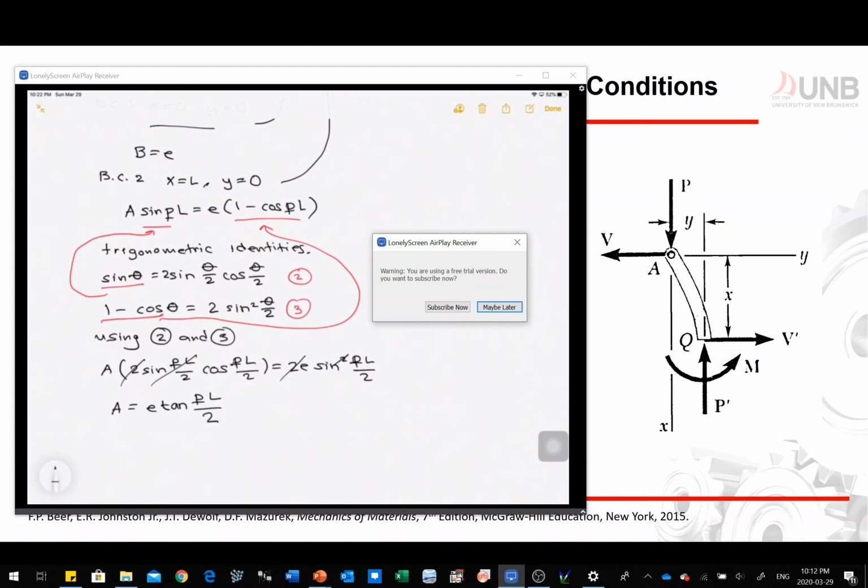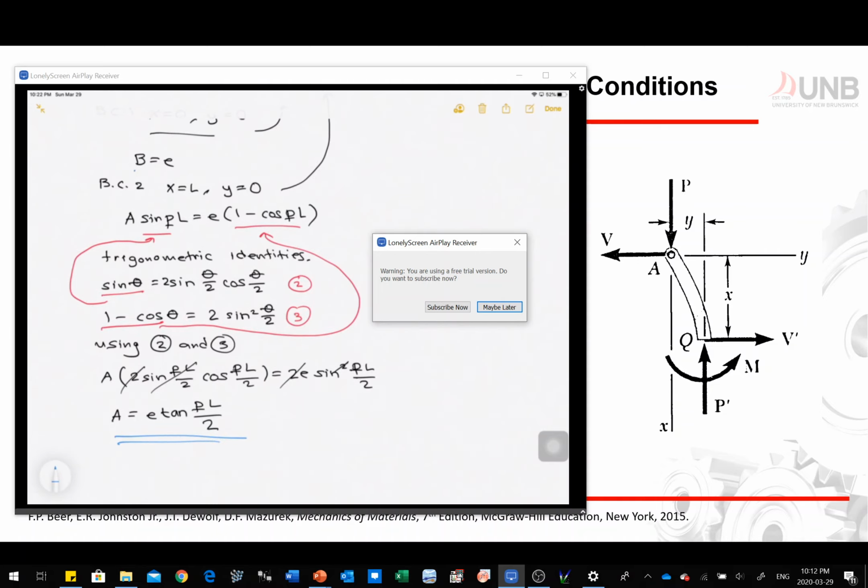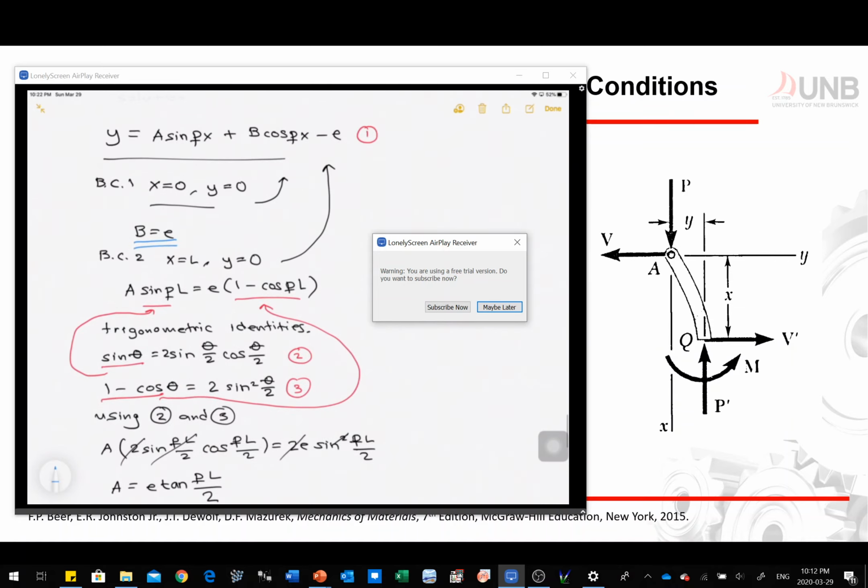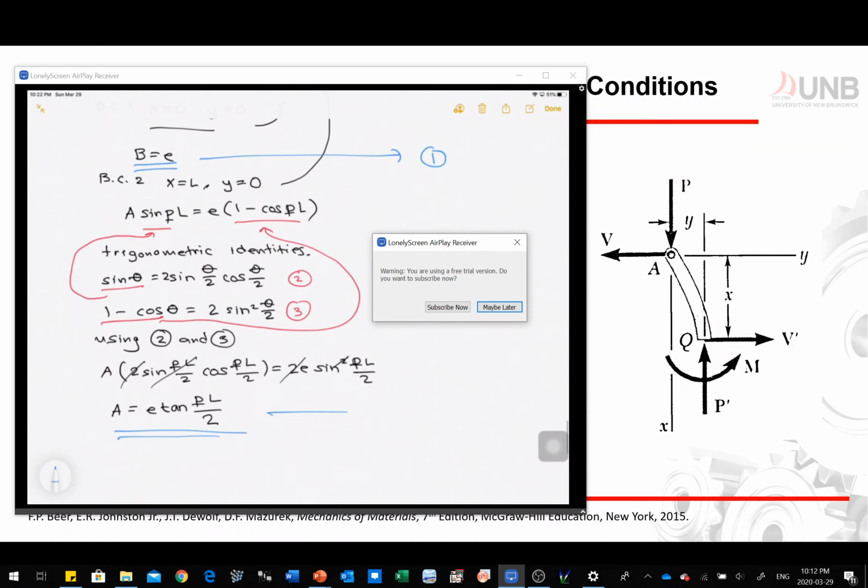Now we have values for A, we have value for our B, and we can now go back to our original equation and substitute those numbers. What do we mean by original equation? We can substitute this one to equation number 1, this one to equation 1 as well, and then we're going to get the following.